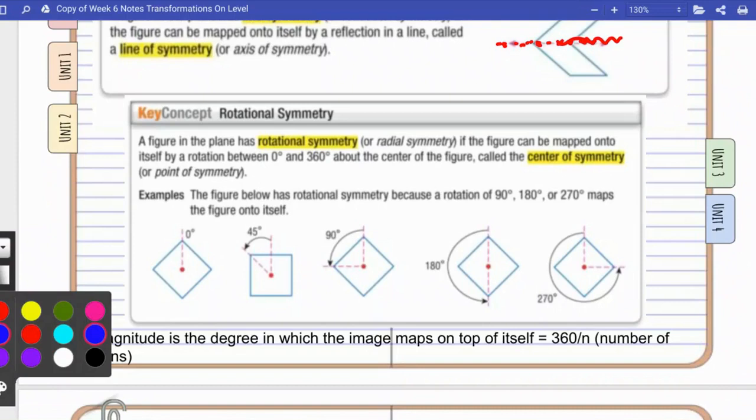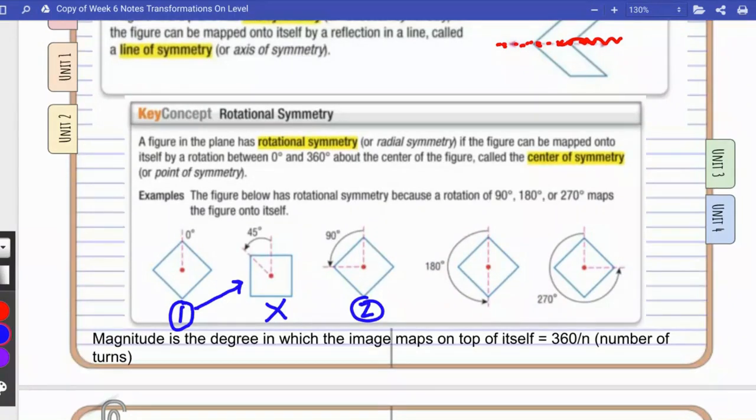So if I turn this shape 45 degrees counterclockwise, it doesn't look the same as the original. So here's your original. This doesn't look the same, so that's not going to work. But if I rotate the figure 90 degrees, it looks exactly the same as figure number 1, so that works.